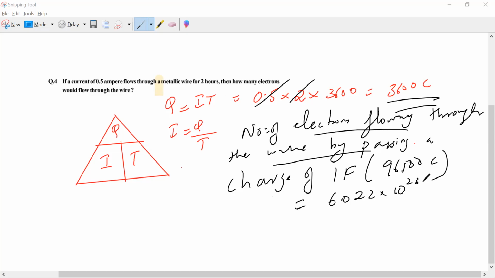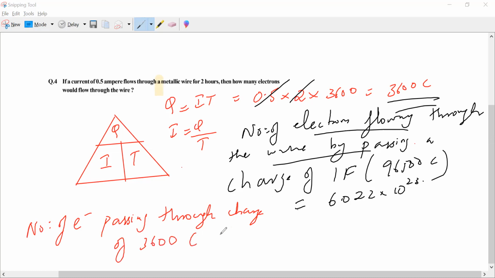So now in this question, the number of electrons passing through a charge of 3,600 coulombs is equal to Avogadro number multiplied by 3,600 coulombs over 96,500.